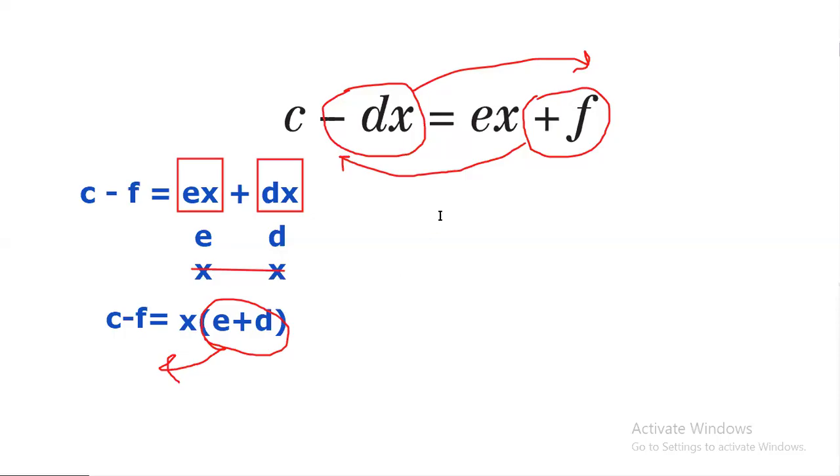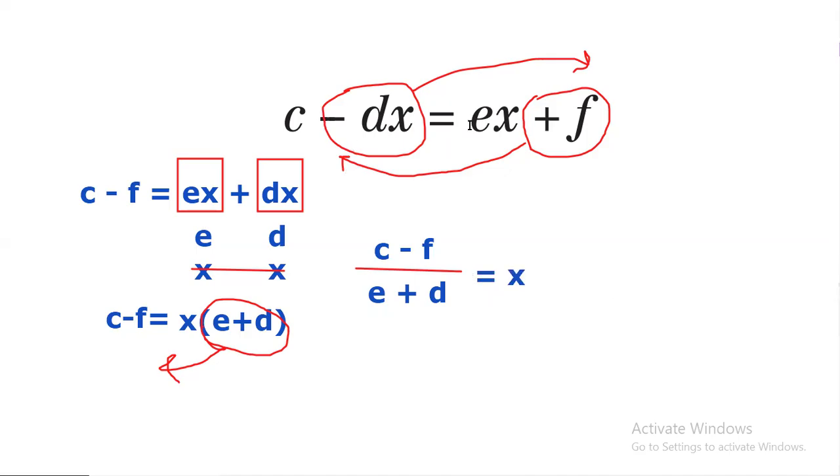So I'll end up with this c minus f over e plus d, e plus d, like this. Because I took the whole thing here, it's going to be divided, okay? Now, fraction line. And this equals to what? Equals to x. And this is how you make the x a subject.